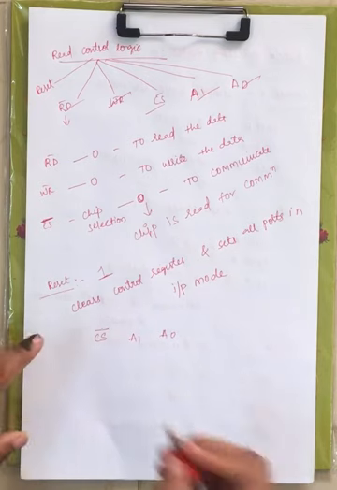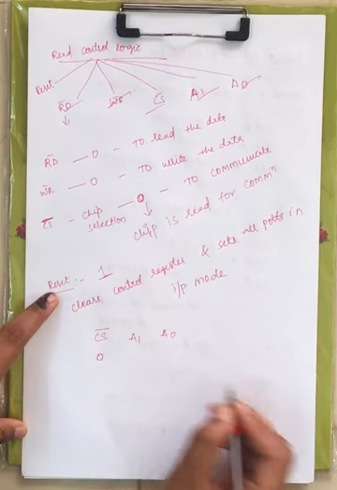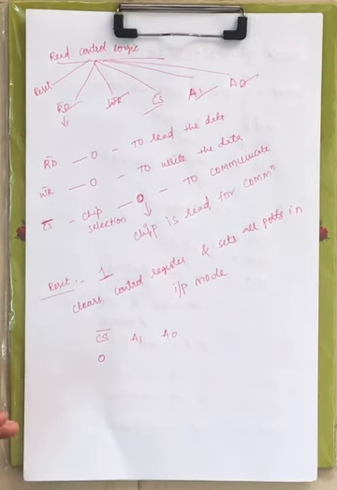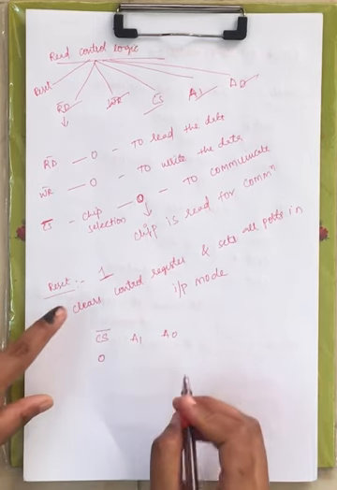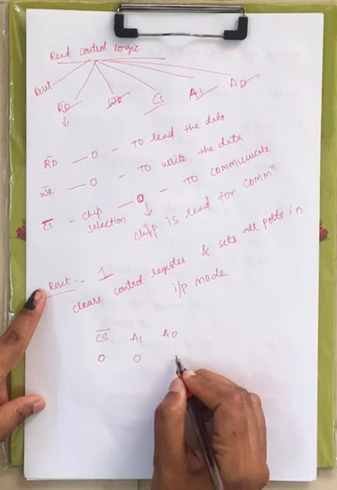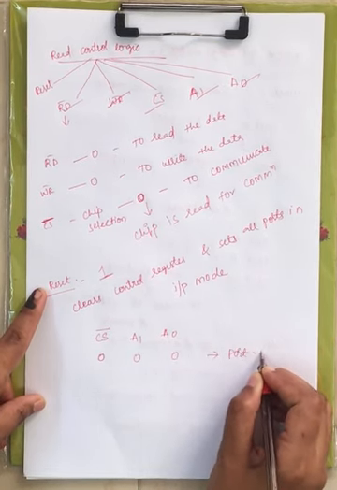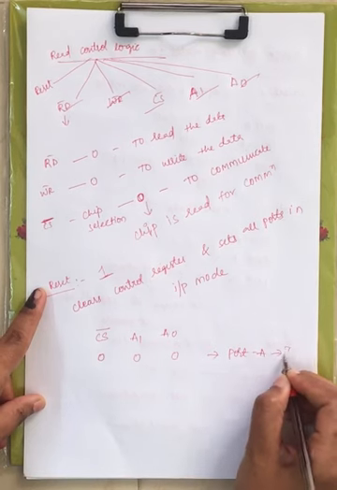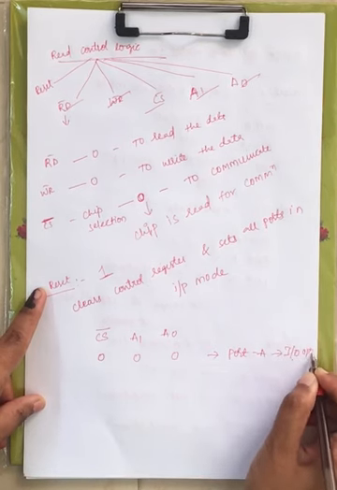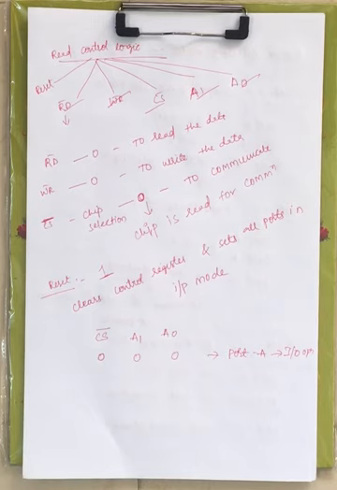CS bar should be 0 to indicate that 8255 is ready for communication. When CS bar is 0, A1 is 0 and A0 is 0, port A is selected for IO operation.